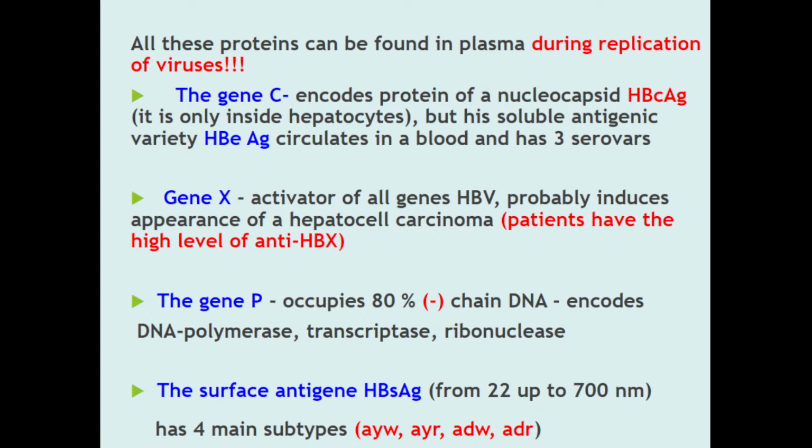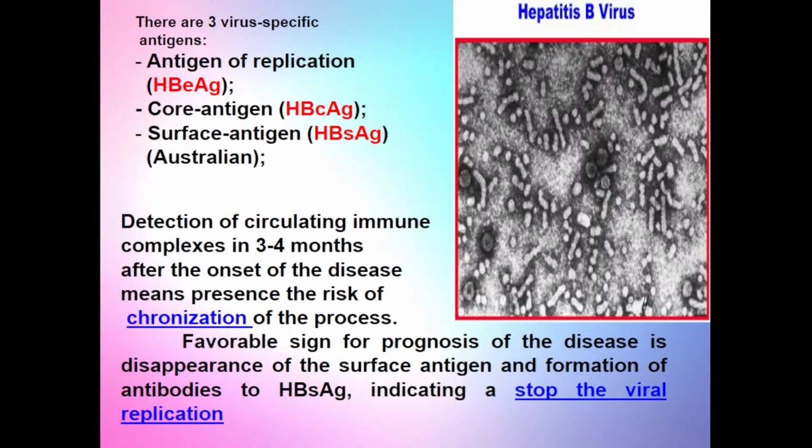The surface antigen HBS has four main subtypes. There are three virus-specific antigens. That's now more important. Antigen of replication, HBE antigen, is antigen of replication. Core antigen, HB core antigen, and surface antigen, HBS antigen, or Australian, it's surface.